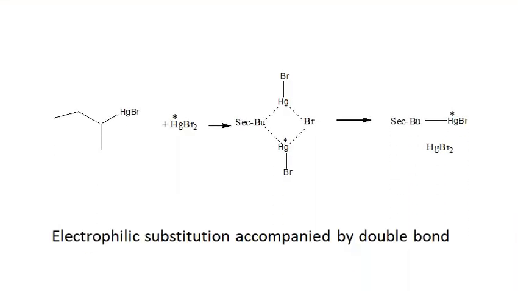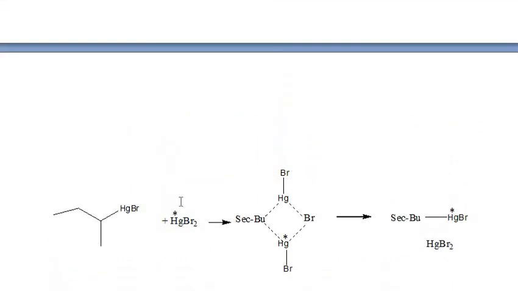Here we can see the example. A labeled HgBr replaces this HgBr, and the transition state is a four-centered, 1, 2, 3, 4-centered cyclic system.